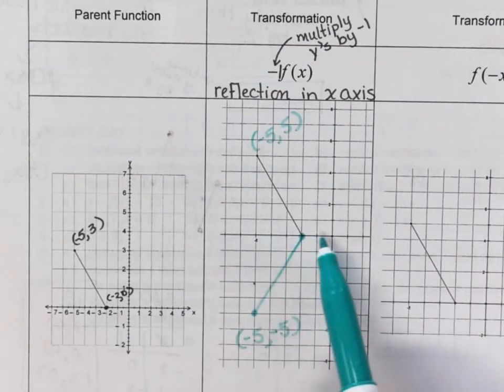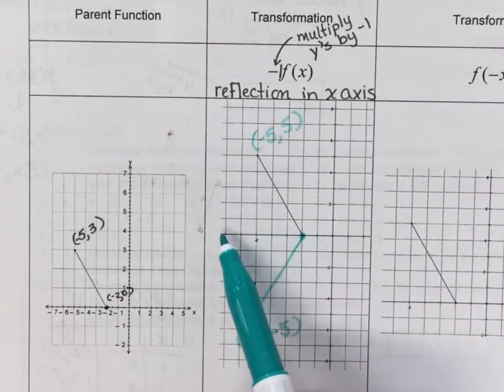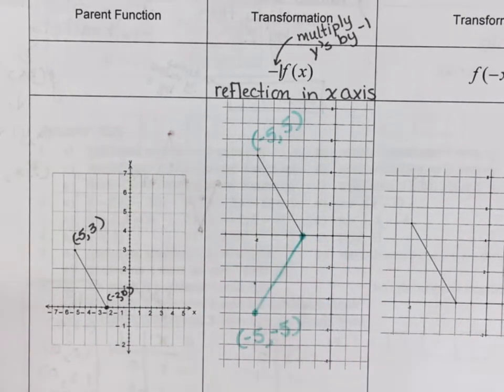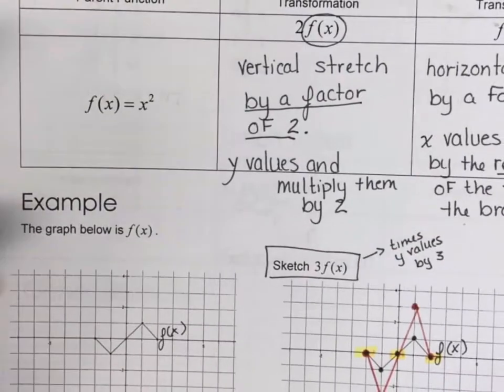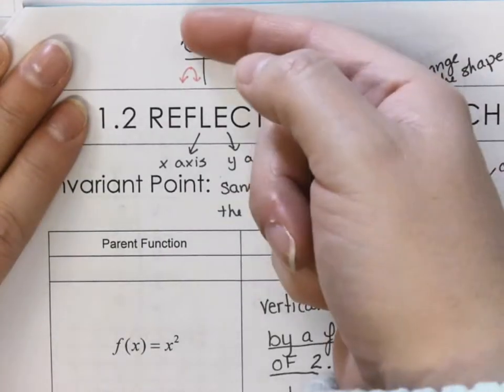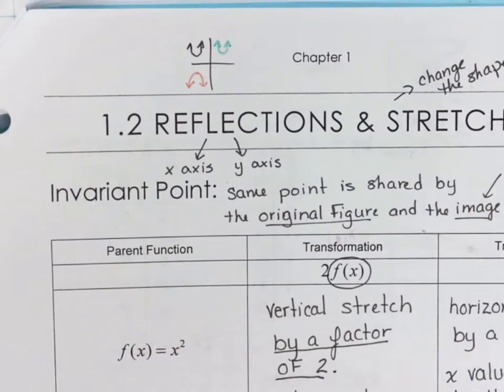So your reflection line, your axis of symmetry, is the x-axis. And just like I showed you here, your graph doesn't have to sit on the axis in order to reflect it. It can be anywhere, and it will have that reflection.